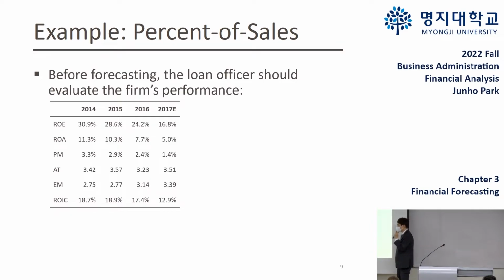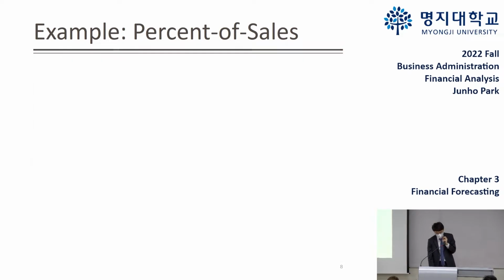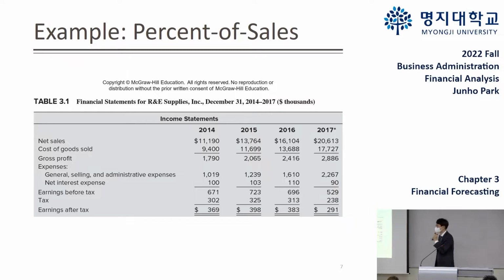And as you can see, ROE is decreasing and profit margin is decreasing. And I like to be sure, to be confident, so I also calculated the ROIC. As a reminder, let me go back to the income statement and explain how I calculate the ROIC for this firm.